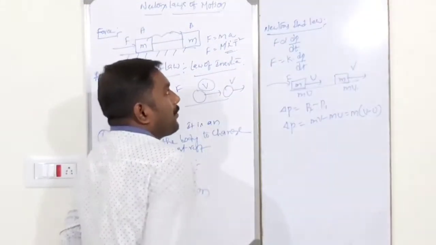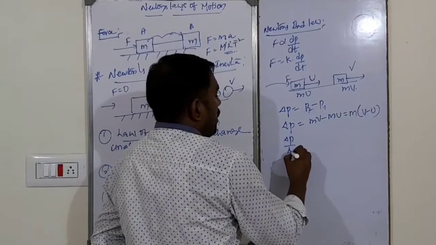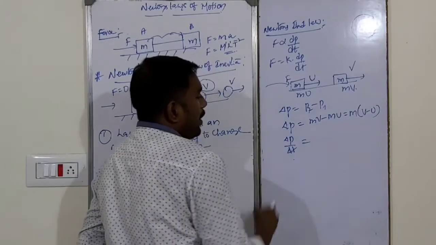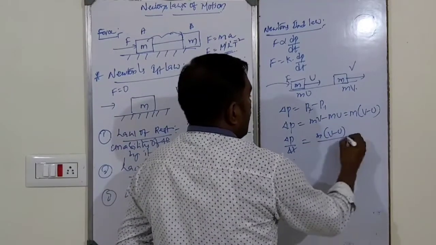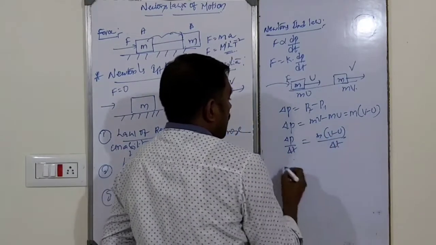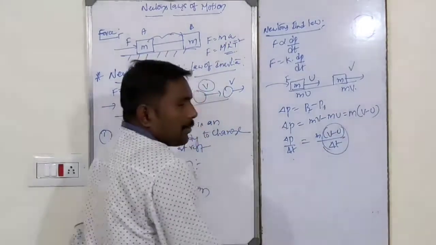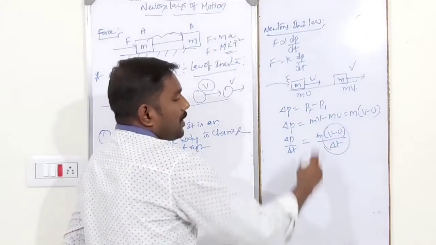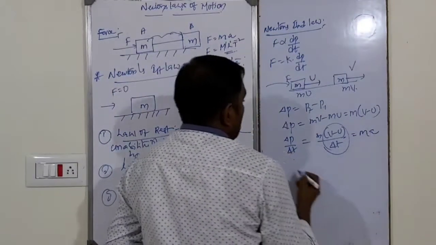So by the statement of Newton's second law, the rate of change of momentum, that is delta p by delta t, is equal to m into (v minus u) by delta t. Here (v minus u) by delta t is the change in velocity, the rate of change of velocity, which is nothing but acceleration, so ma.